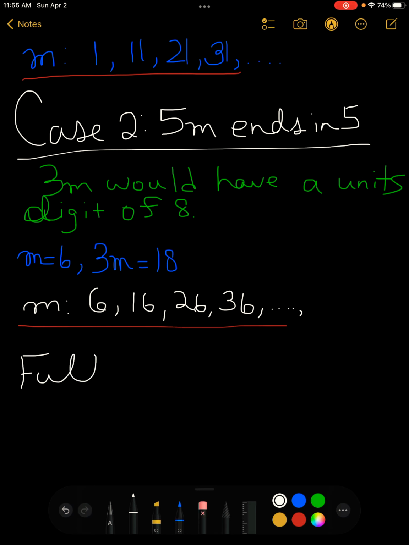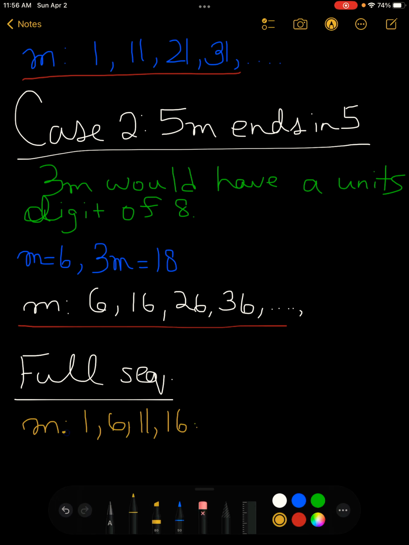So the full sequence would be: n can be 1, 6, 11, 16, 21, 26, 31, 36, and so forth.